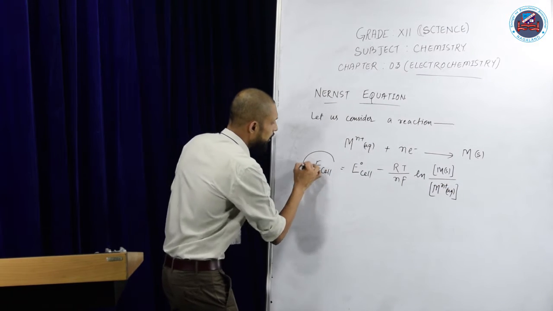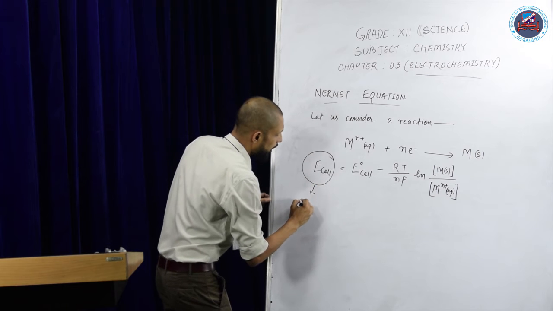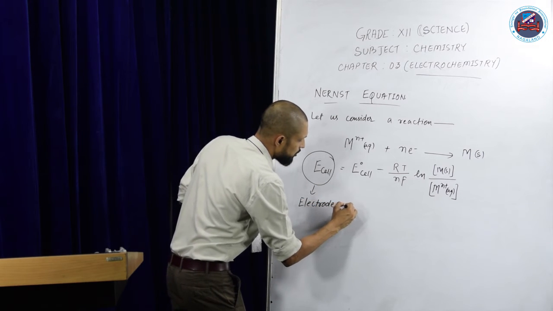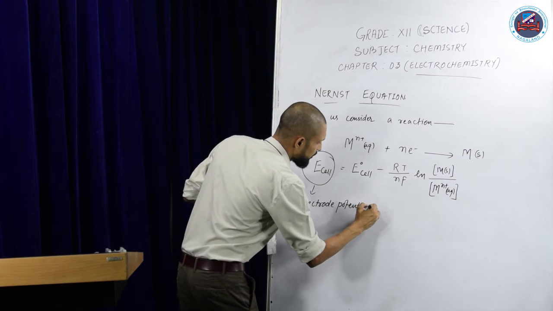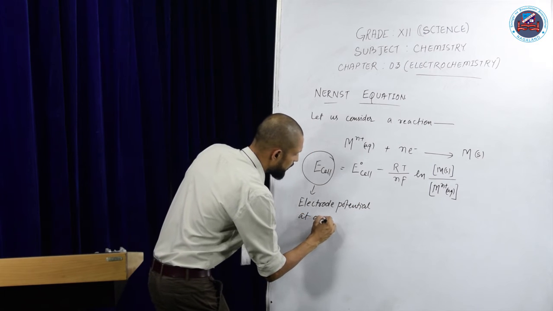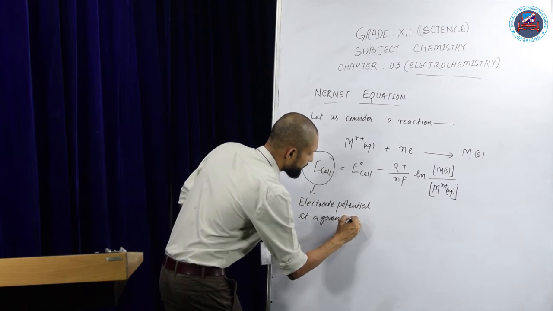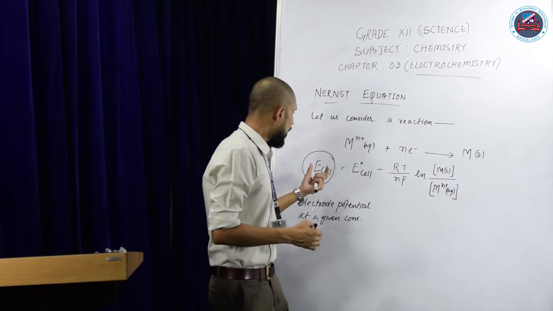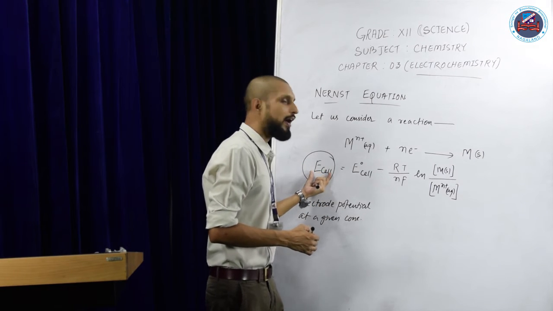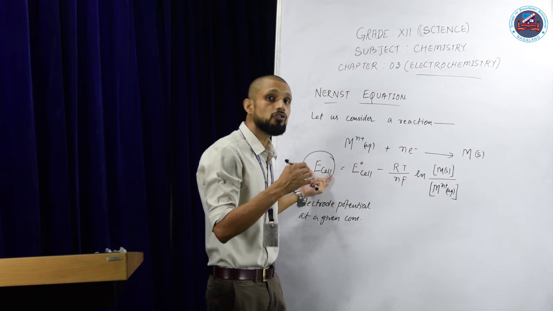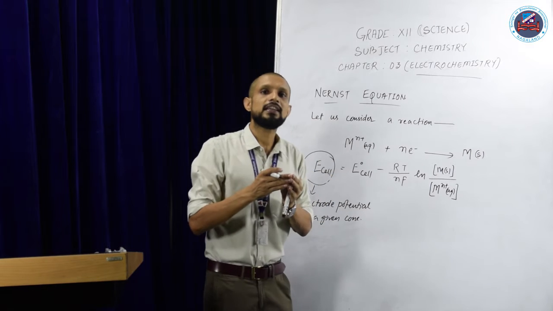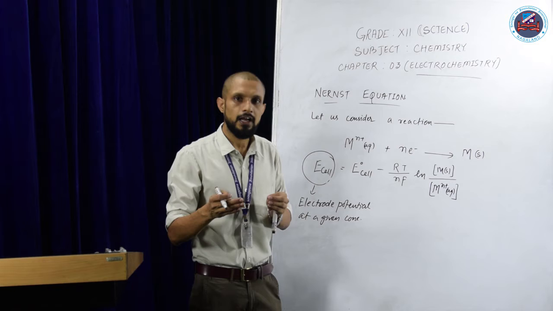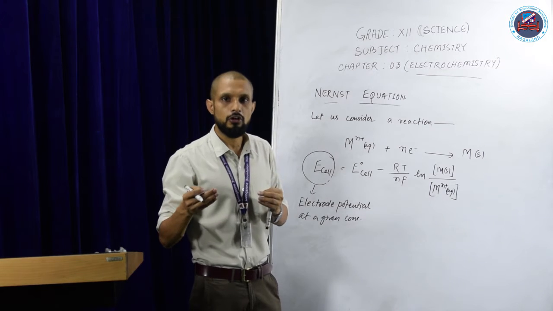Now E cell is the electrode potential at a given concentration of electrolyte. This is when the concentration is not equal to 1. That means we can change the concentration of the electrolytic solution, and based on that the electrode potential also changes.